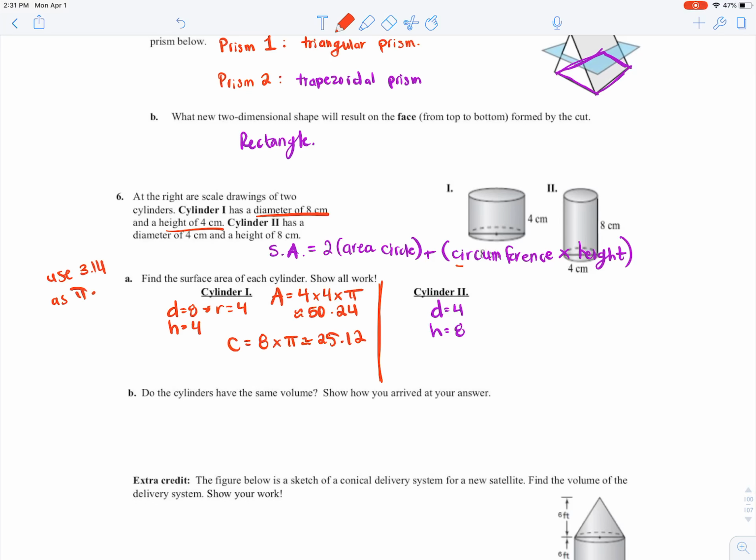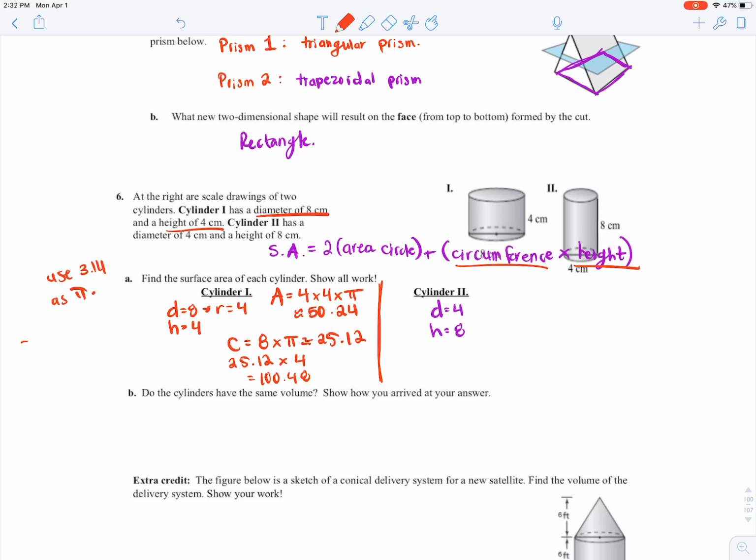Remember, we need to multiply our circumference times the height of the cylinder. So I'm going to take 25.12 and multiply that by my height, which is 4. So 25.12 times 4 is equal to 100.48. Okay, so now we're almost done here.